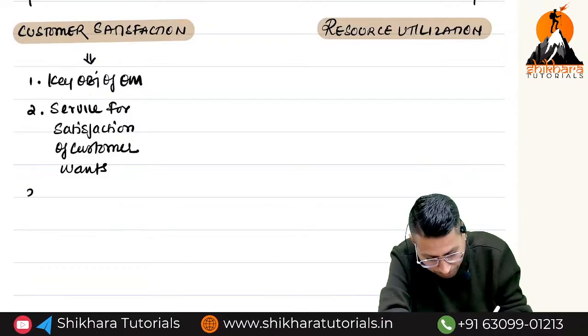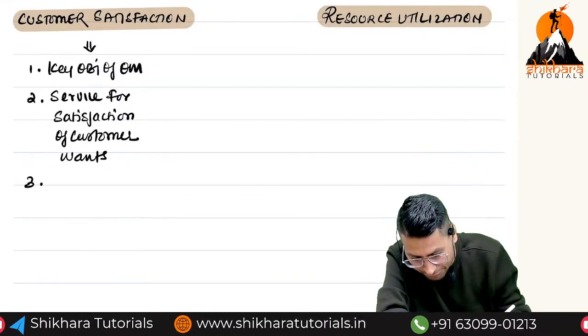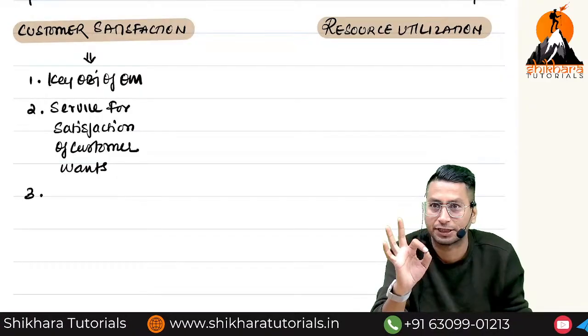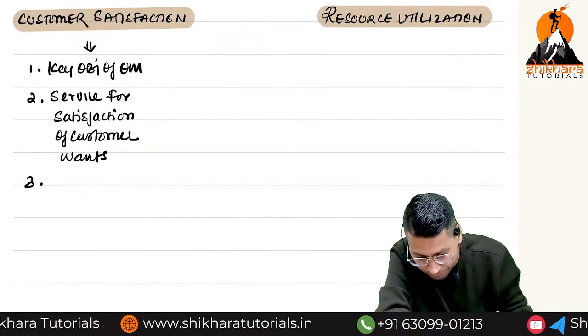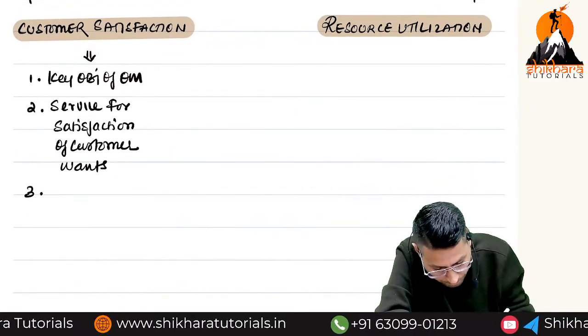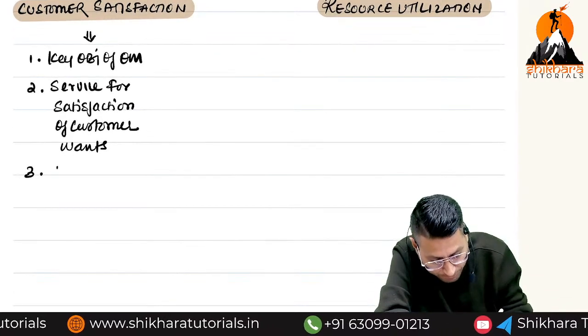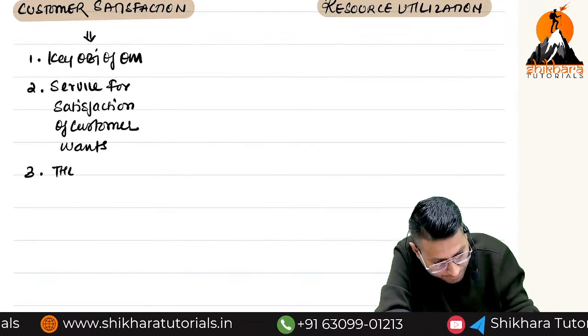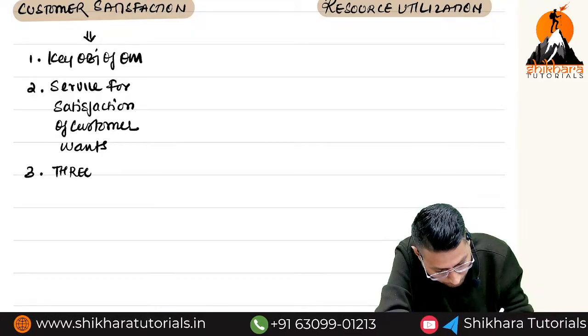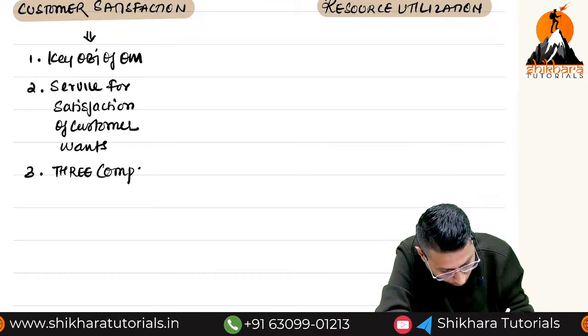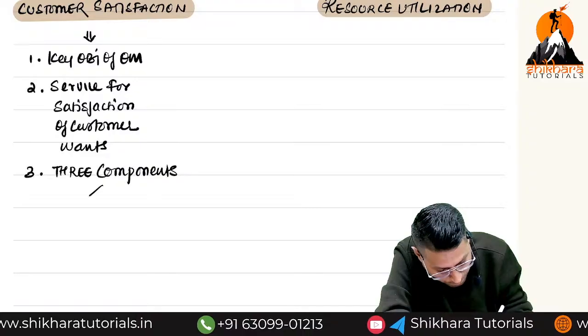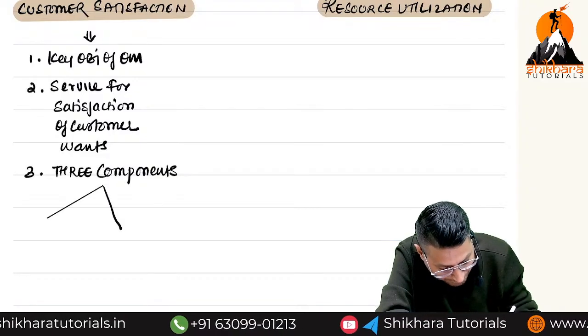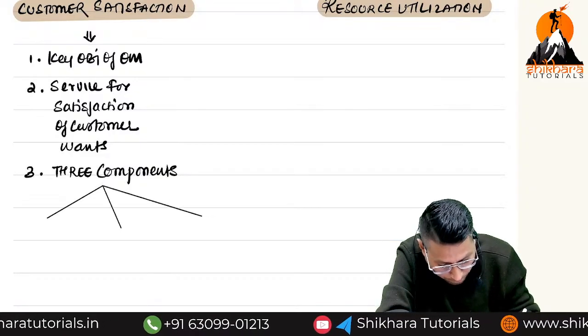Here, point number 3. Always remember, 3 things are very important for customer satisfaction. How do you satisfy the customer? There are 3 components which will decide whether your customer will be satisfied or not with the product or service.